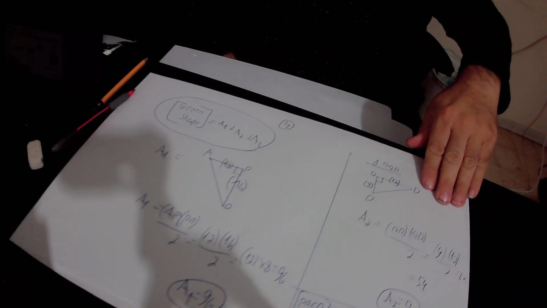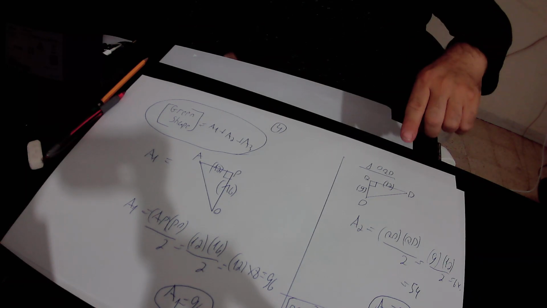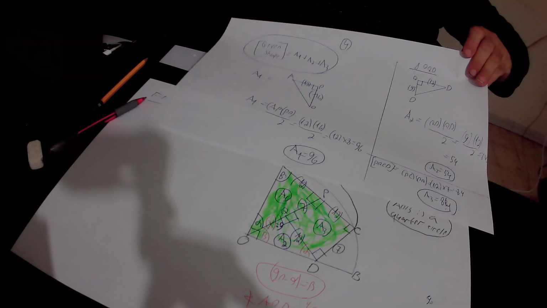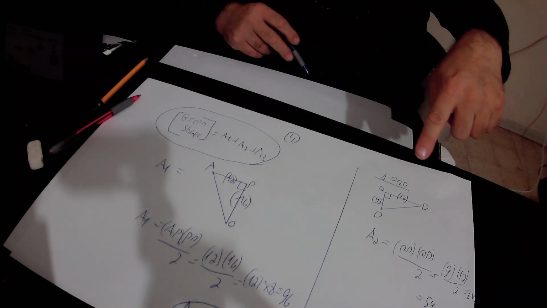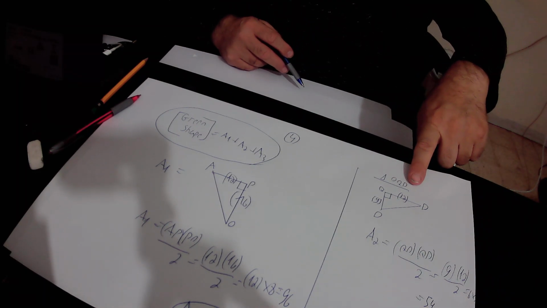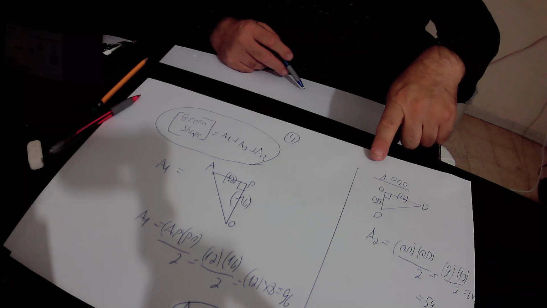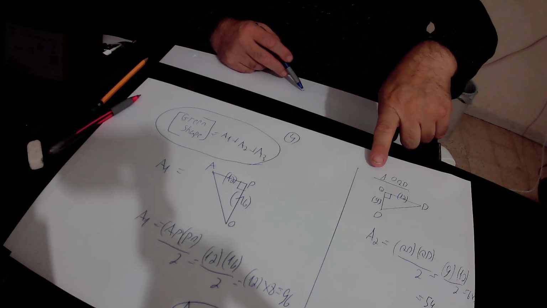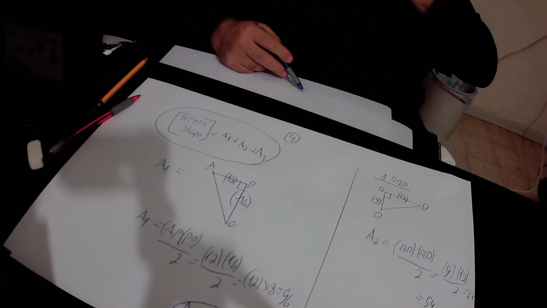Then we found the area of A2. The area of A2 is the area of this right triangle OQD. So put the right triangle OQD in here. QD equals 12, and QO equals 9.